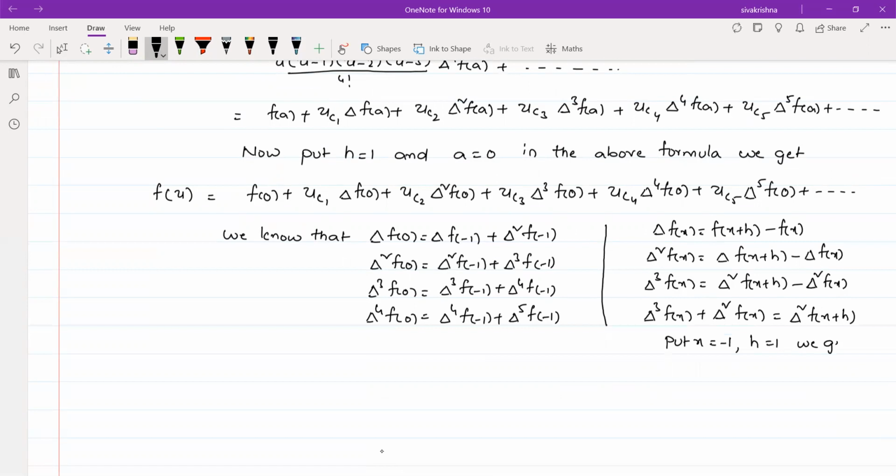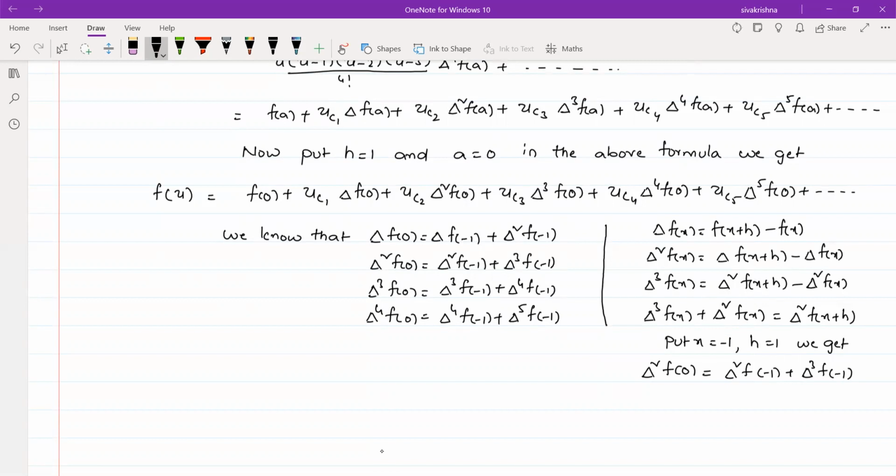Writing from the RHS onwards, we get delta square f of, in place of x we write minus 1 and in place of h we write 1, so that we get f of 0 is equal to, on the RHS, delta square f of minus 1 plus delta cube f of minus 1. So the value of delta square f of 0 can be written as delta square f of minus 1 plus delta cube f of minus 1.